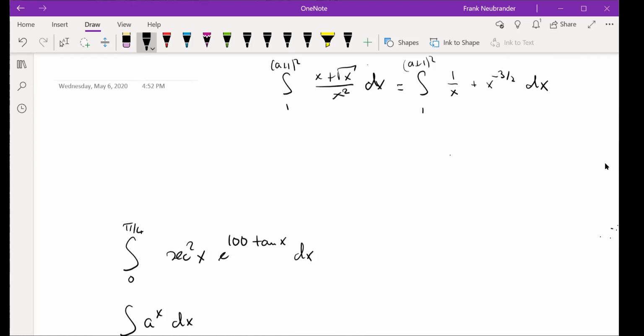So by doing the algebra first, in this case you have an integral you can handle. So the antiderivative of 1 over x is the logarithm of x. In the antiderivative of x to the minus 3/2, you add 1 to the exponent, you get x to the minus 1/2, and then you multiply with the reciprocal.